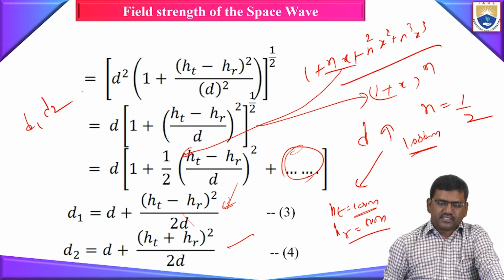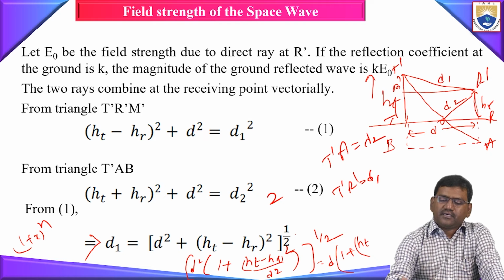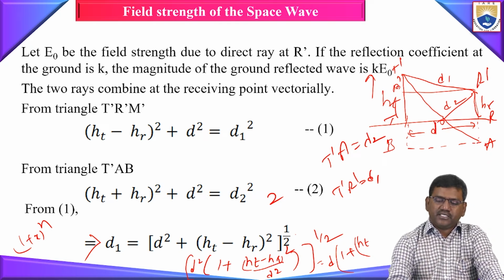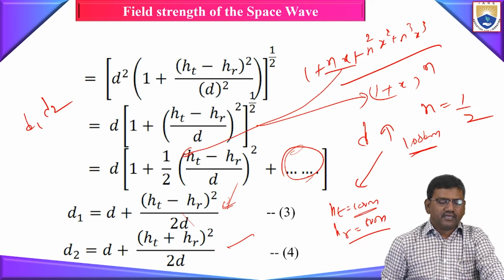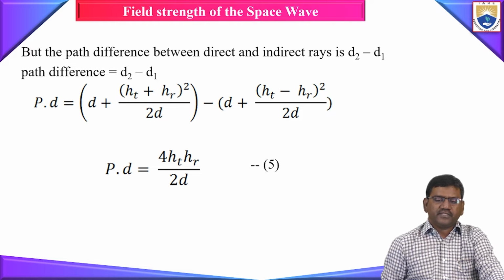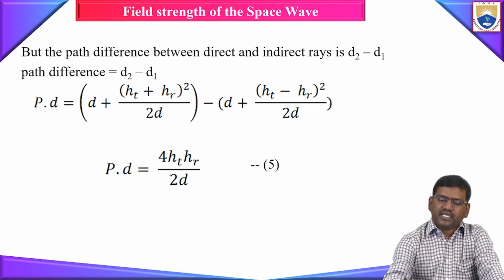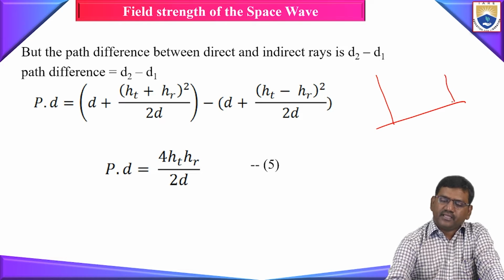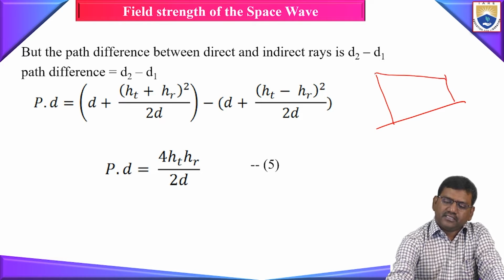So from the figure you can see d means the range, the distance between the transmitting antenna and the receiving antenna. Here we need to find the path difference between the direct ray and the indirect ray. This is the transmitting antenna and this is the receiving antenna. There is a direct path and there is a reflected path.